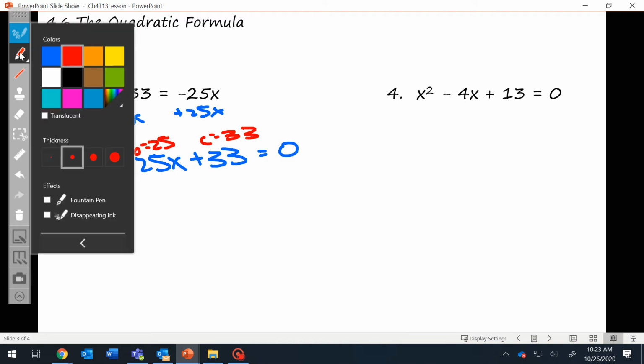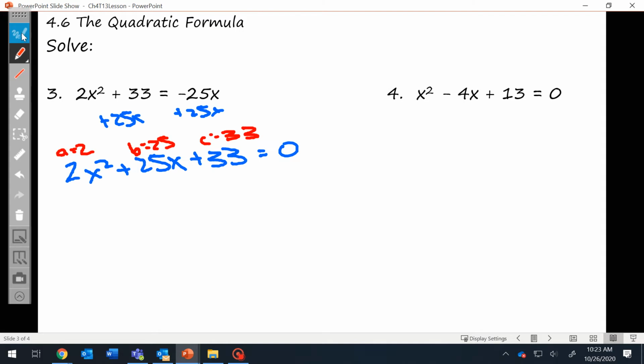So let's use our quadratic formula. A is 2, b is 25, c is 33.